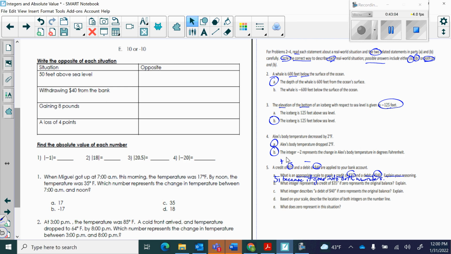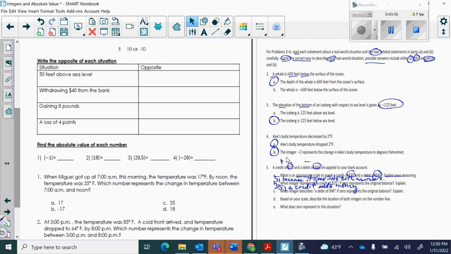Now, what integer represents a credit of 35 if 0 represents the original balance? And explain. So a credit of 35 would be 35 because what does a credit do? A credit adds money. So because I'm adding money to my account, that would be a positive.